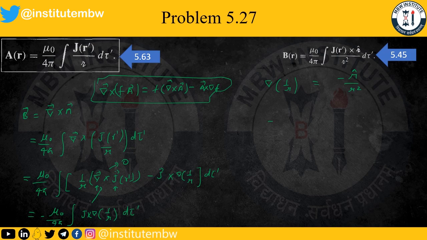So B vector is equal to minus mu naught upon 4 pi, and J cross r cap over r square d tau, and the minus of this will become plus. So this is this equation, right? Now coming to the C part.